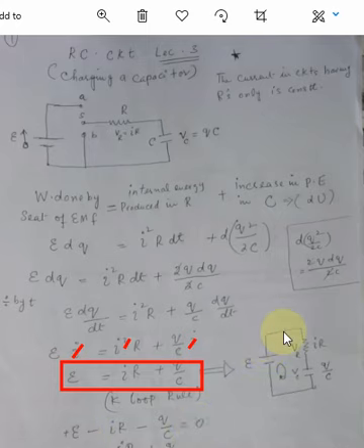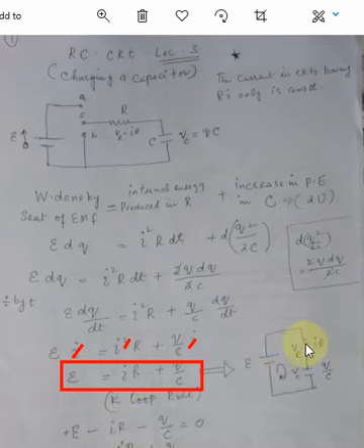The next voltage change comes about when we traverse this R in the direction of the current. The current is going down the resistor R. So this voltage change is negative and it will be minus IR.